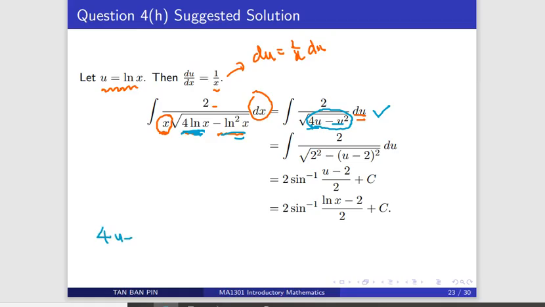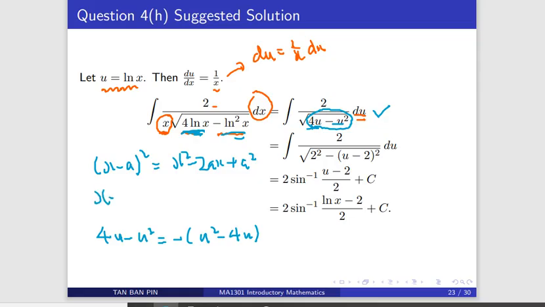So 4u minus u squared, you can write it as negative (u squared minus 4u). And remember, (x minus a) squared is x squared minus 2ax plus a squared.